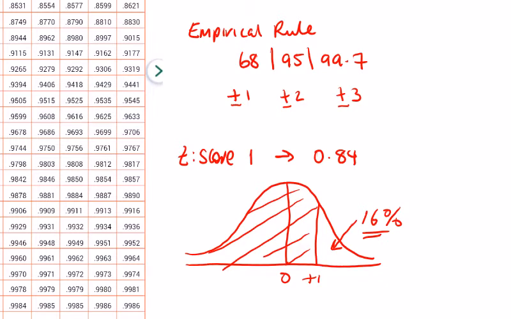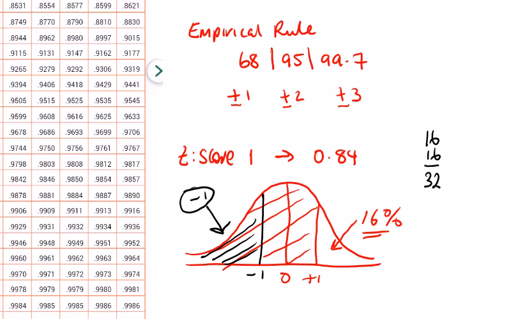Because this is a symmetrical curve, it would also mean that 16% of the data will be from -1 back, the same as from +1 up. So if you add 16 and 16 together, you get 32, and 100 minus 32 is the 68. That's part of the empirical rule. This 68% is ±1 standard deviation.